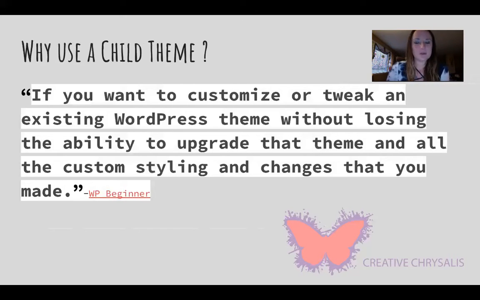So a couple different ways of saying that: there are WordPress themes that people have made and they work and they're updated every so often. And if you want to change that theme, you can only do so much. Otherwise, certain types of changes that you will be making will be overridden by the update when your theme gets updated. So enter the child theme.